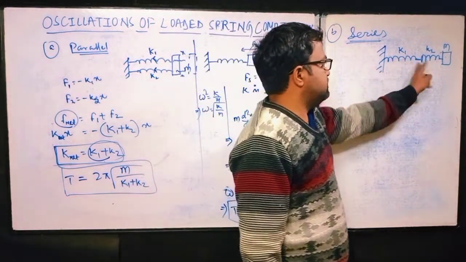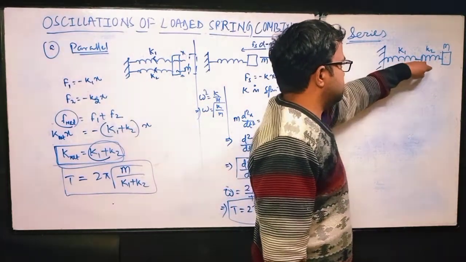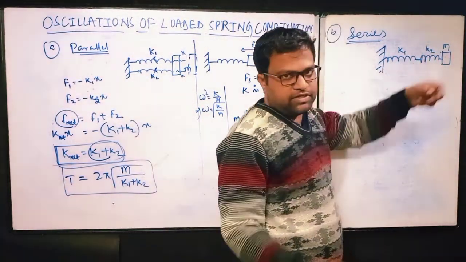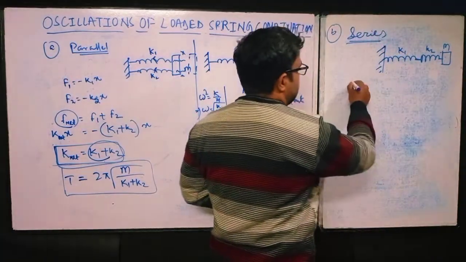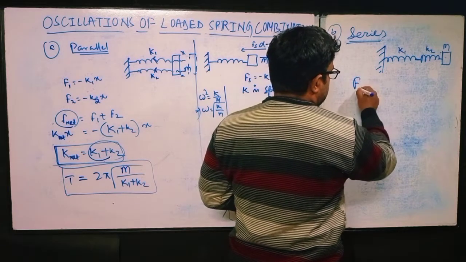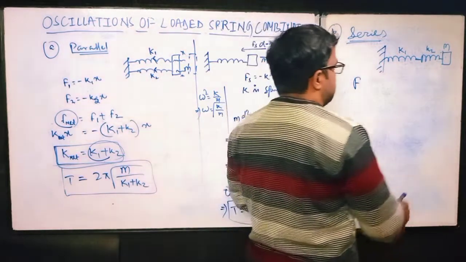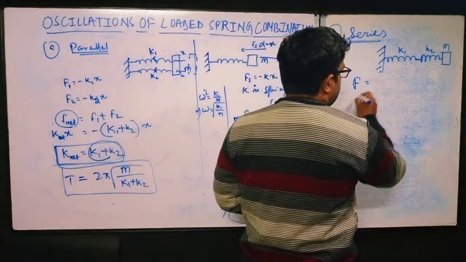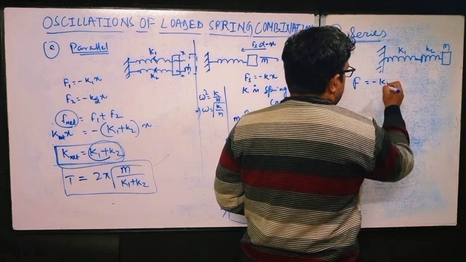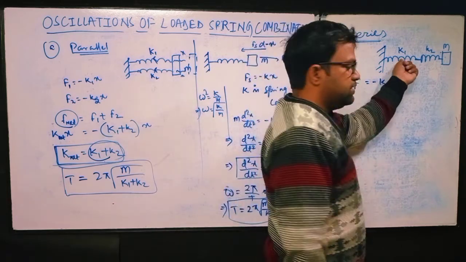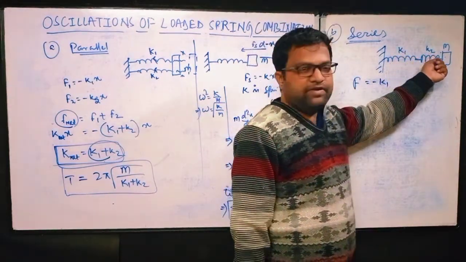So as both the springs are connected end to end, the restoring force will be the same. So let's say the restoring force F I'm writing for both springs 1 and 2 is the same, so F will become minus K1 x1, but as their spring constants are different, they will expand differently.